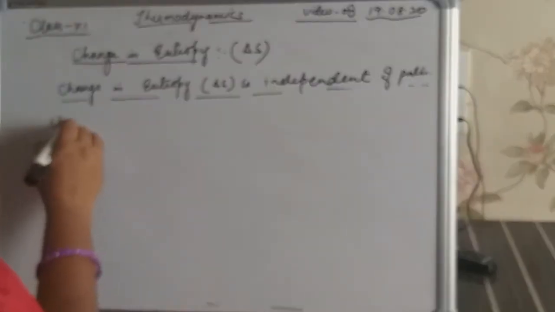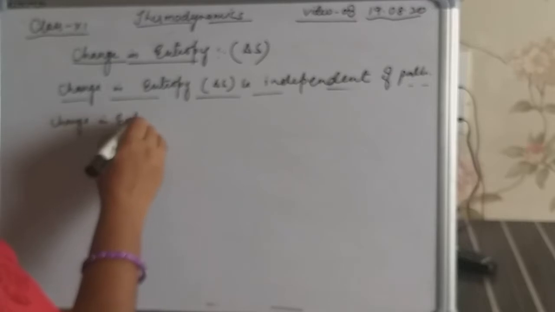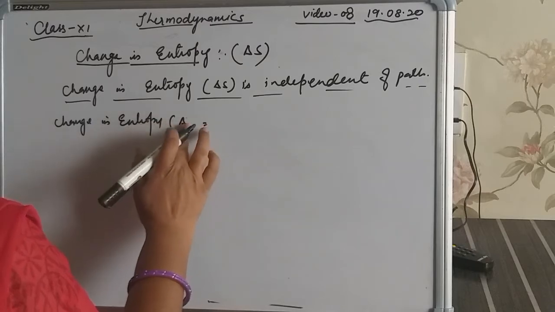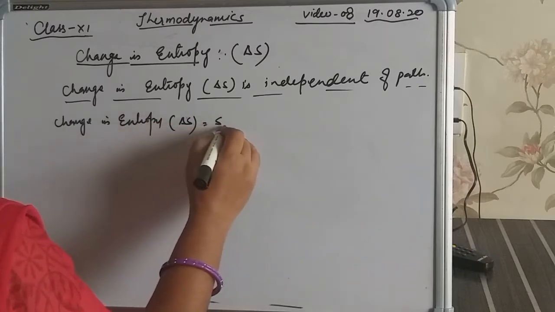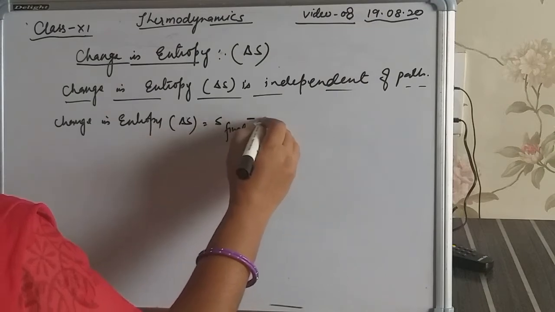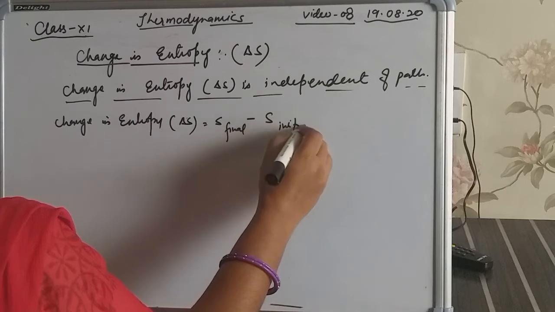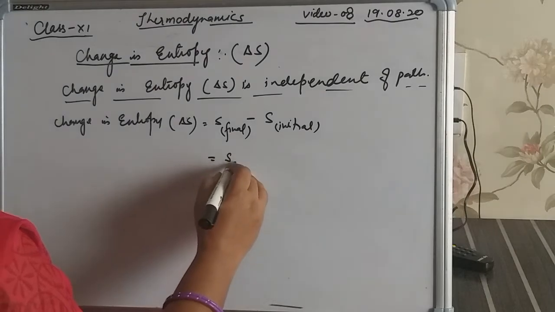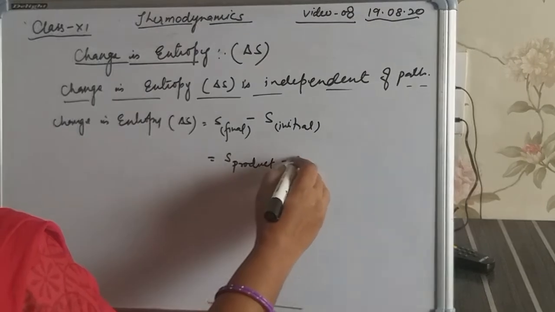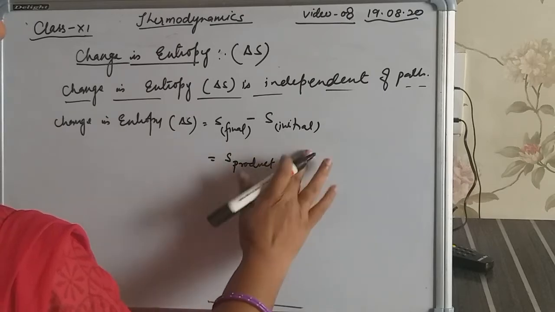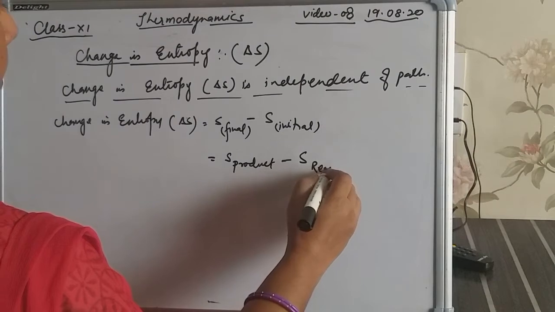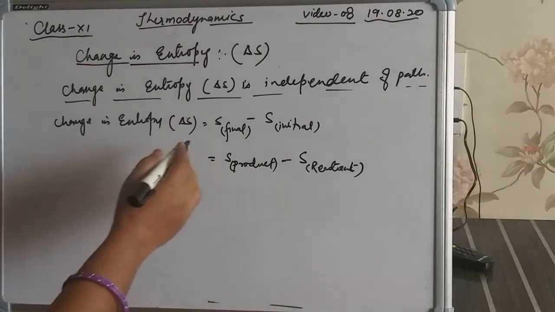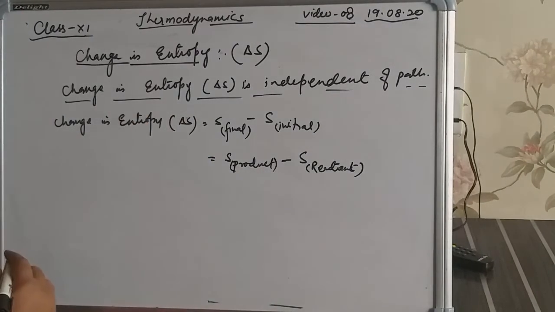Change in entropy is S final minus S initial, or we can write S product minus S reactant. So by the difference we can calculate the change in entropy.